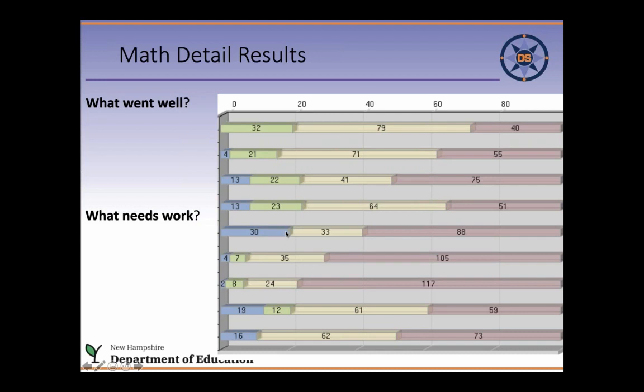Someone asked why there wouldn't be any green. The reason there aren't any green is this is level 4, level 2, and level 1. And remember, this is based on the number of points. If this is a 2-point cluster, the max points that anybody could get would be 2 points. If I got both questions wrong, I would have a 0, and I would be in the 0 to 25% group.